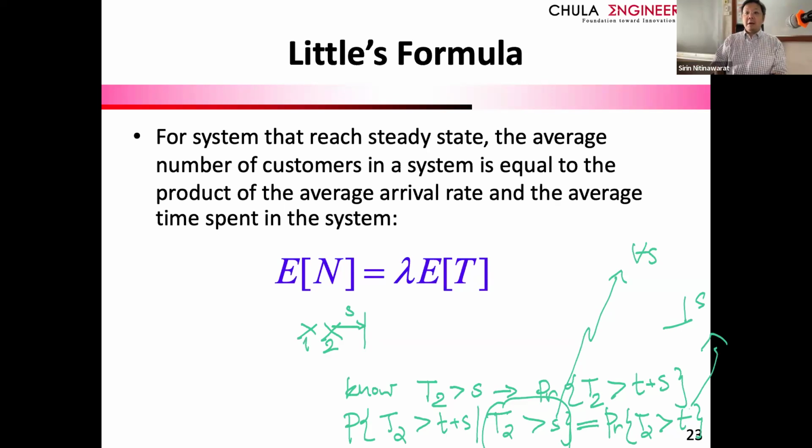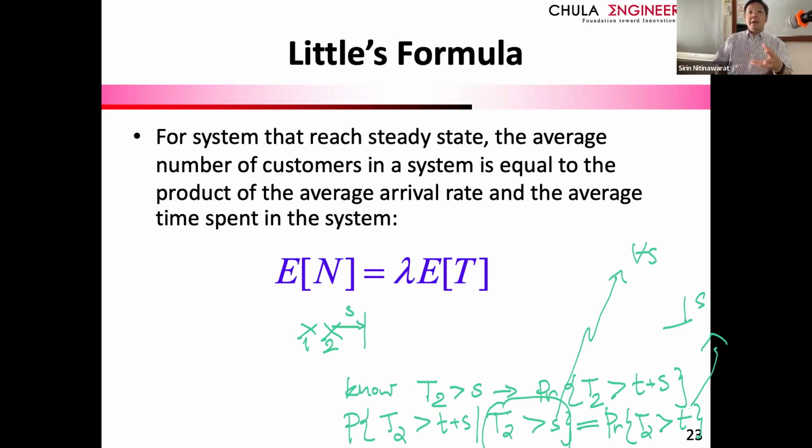So heuristically, what does this Little's theorem say? It says that if I fix the arrival rate to be lambda, then the larger E[N] is, meaning the more crowded the system is, the longer each customer should be expected to spend in the system. So that's basically the idea, and that is quite intuitive.